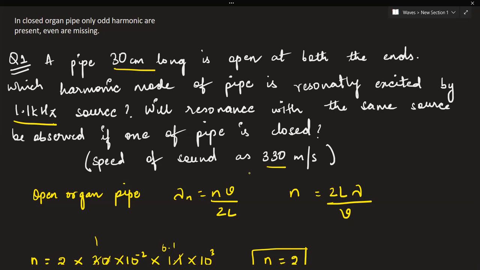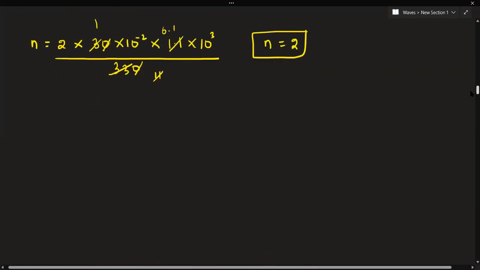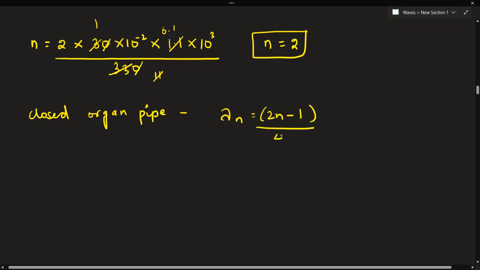Now it says, will it resonate if one end of the pipe is closed? If one end is closed, this has been turned into a closed organ pipe. The frequency for nth mode of the closed organ pipe is given by 2n minus 1 divided by 4l into the velocity.